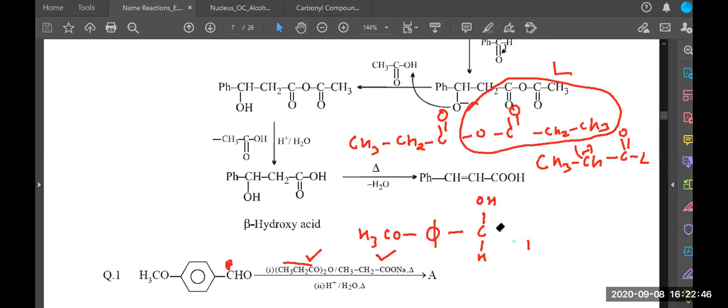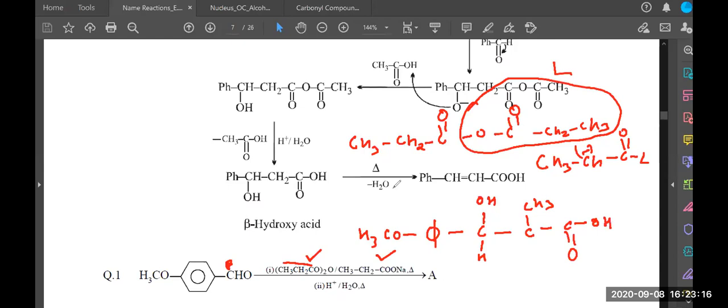Just write it here. So we'll have CH3, because this CH3 to CH3, then C double bond O, and now this was L, which will be replaced by OH. Agree, everyone? So please check your answer.